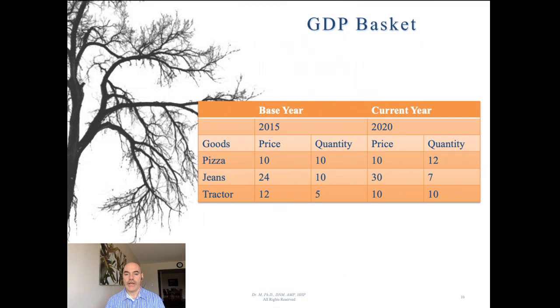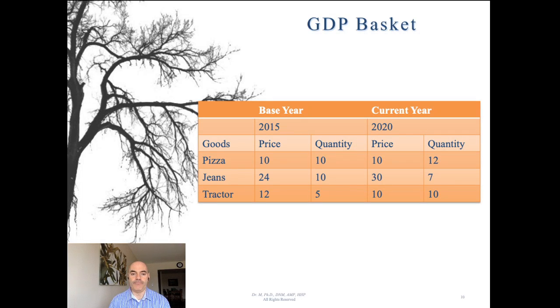So let's look at the base year versus the current year. You have goods that supposedly were produced in the base year. That's the year that you want to make a comparison against when it comes to the current year.